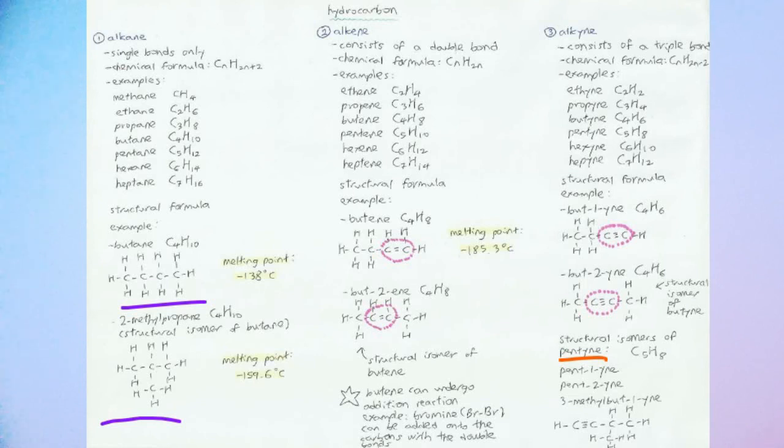So when you are calculating, you need to calculate based on where the location of the double or triple bond is before you look into the branching. Unlike alkane structures, we know alkanes do not consist of double or triple bonds, so we only look at the branching. But if you look at alkenes or alkynes, we also need to take into consideration the double or the triple bond before we look into the branching.